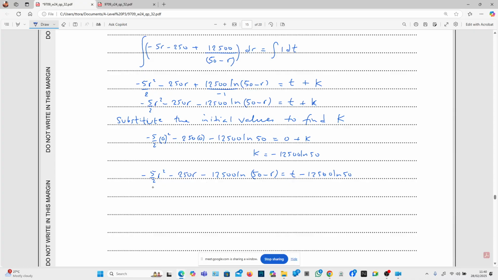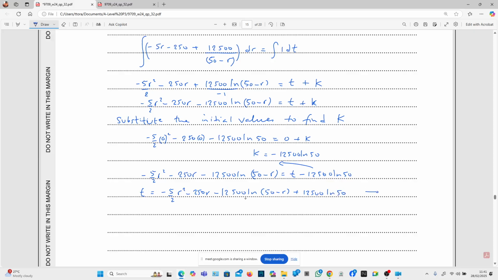So I can say that t is equal to minus 5 over 2 r squared minus 250r minus 12,500 ln of 50 minus r, and then plus 12,500 ln 50, because this can be moved to this side. So this is my answer to the question.